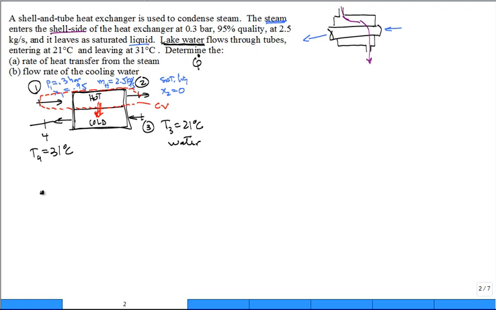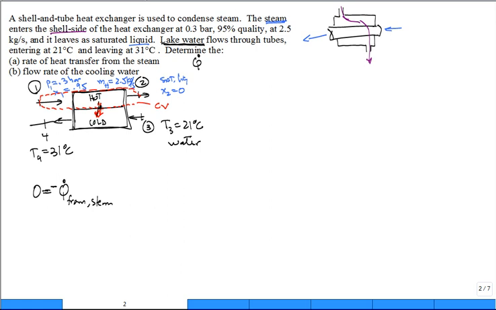But the energy balance, we have at steady state, is equal to Q dot from the steam. Now if it's from the steam, just put a minus sign there because it's going out of the control volume. You've superseded the sign convention because of an illustration, and you've shown the direction of that heat transfer on the illustration.